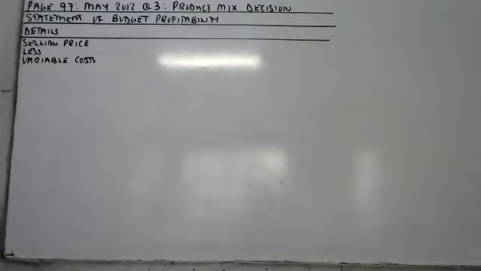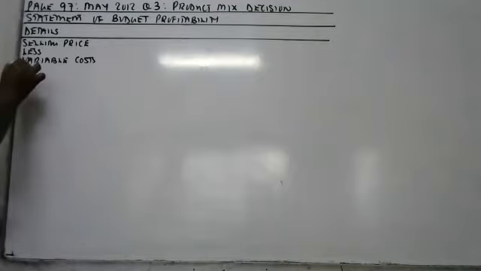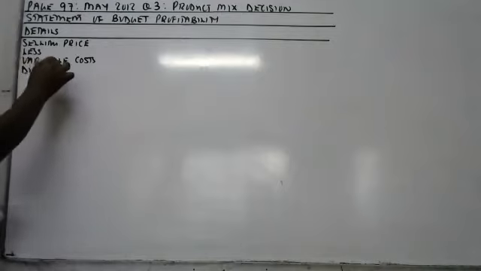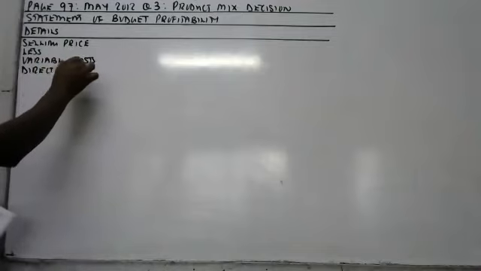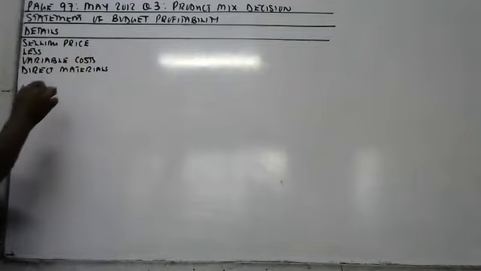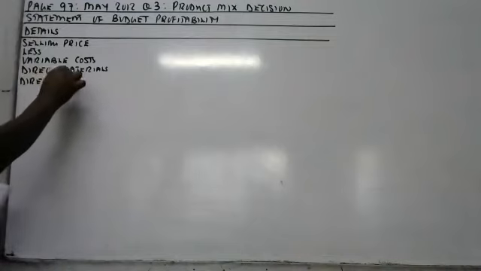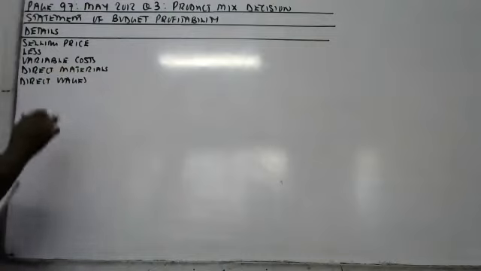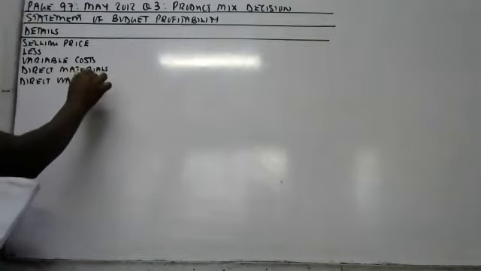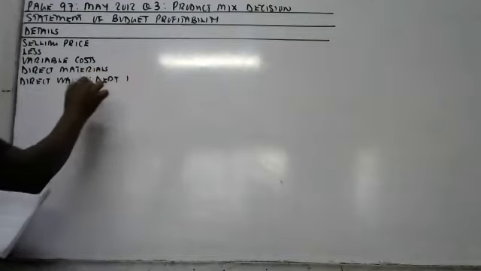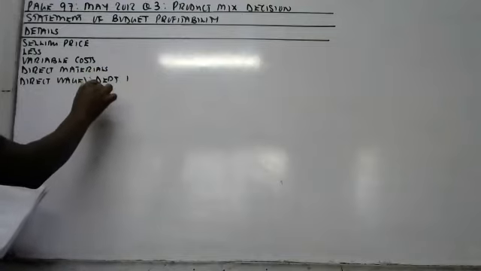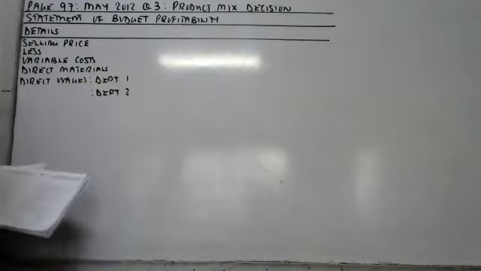The variable costs that are present here, we have direct materials, we have direct wages, and direct wages, we have department 1 and department 2.